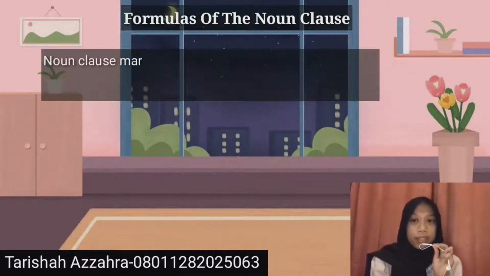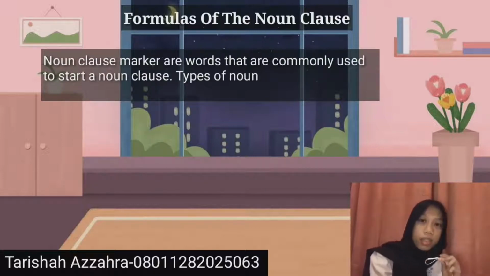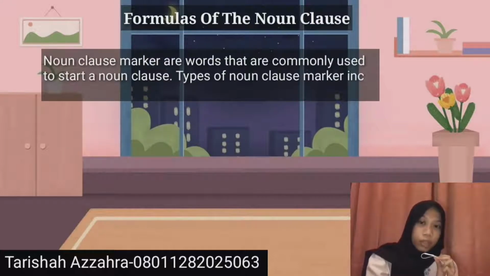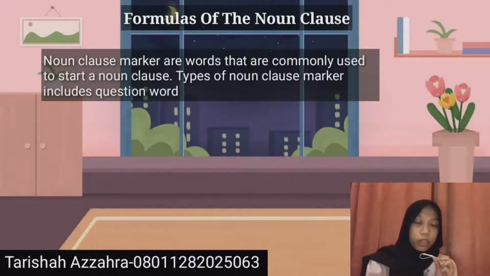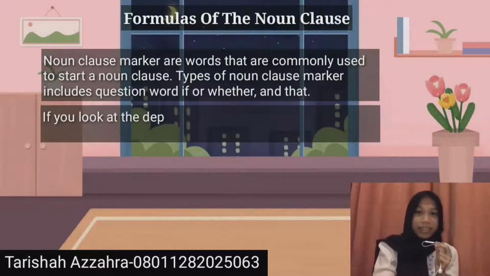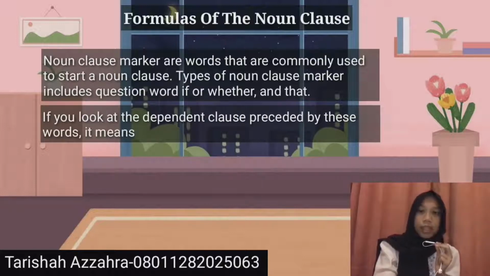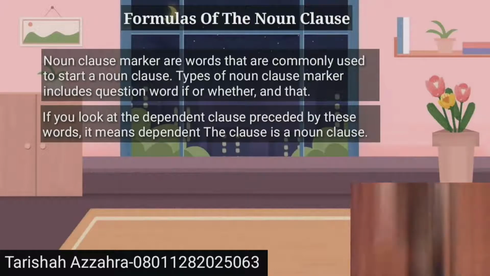Noun clause markers are the words that are commonly used to start a noun clause. Types of the noun clause marker include question words, if or whether, and that. If you look at the dependent clause preceded by these words, it means the dependent clause is a noun clause.